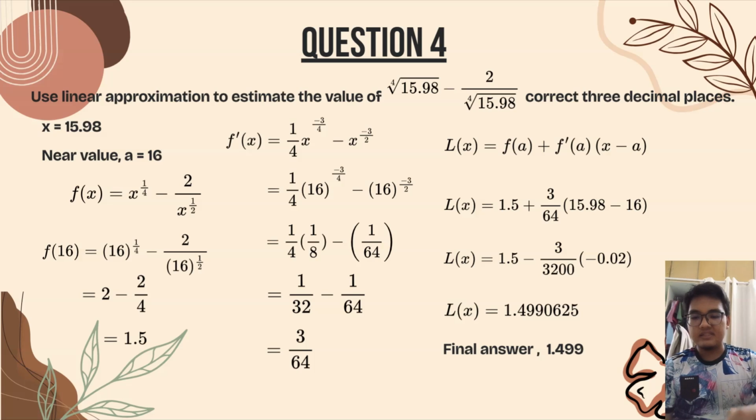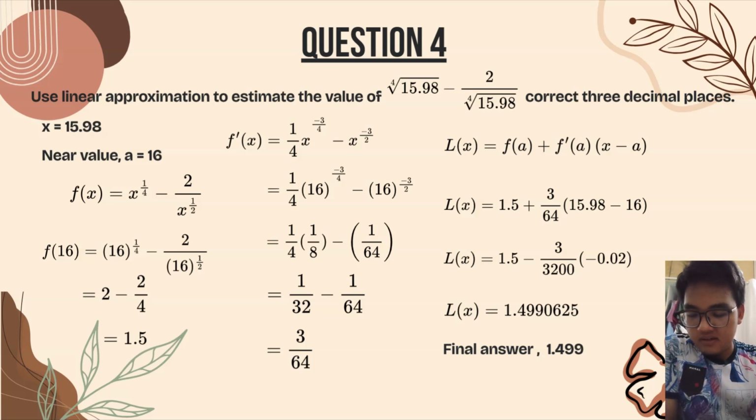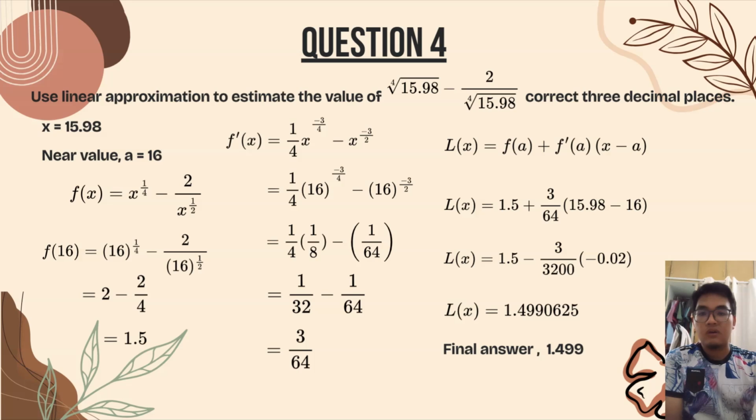For the x minus a, we know that x equal to 15.98. We chose the near value which is 16, so we need to minus it. So it can be written as L(x) equal to 1 over 5 plus 3 over 64 times (15.98 minus 16).